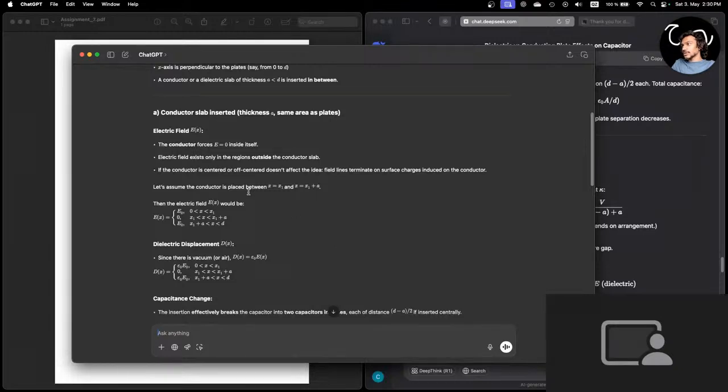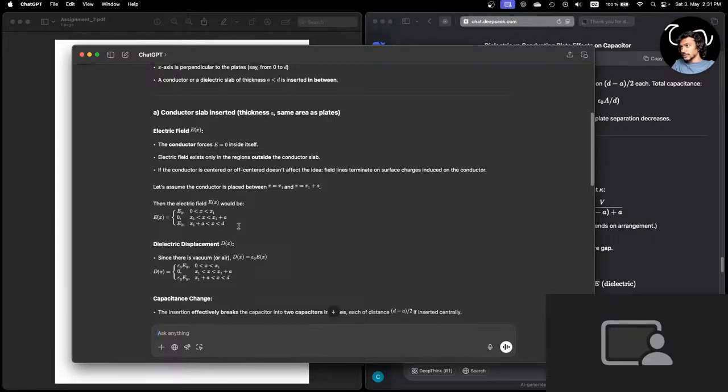Let's assume the conductor is placed between x equals x1 and x equals x1 plus a.